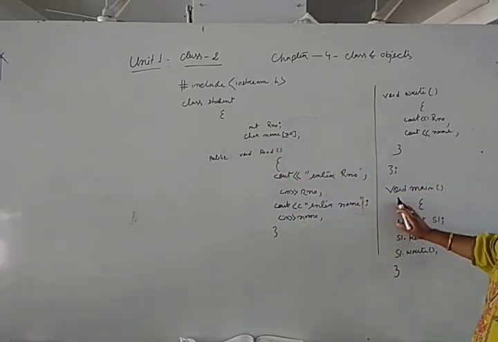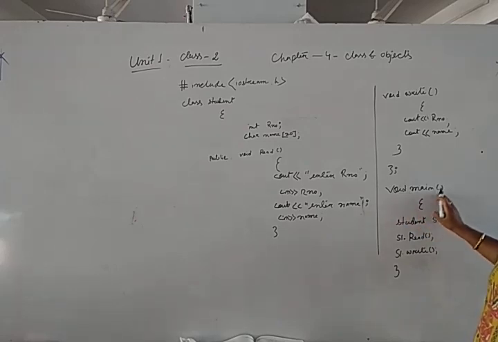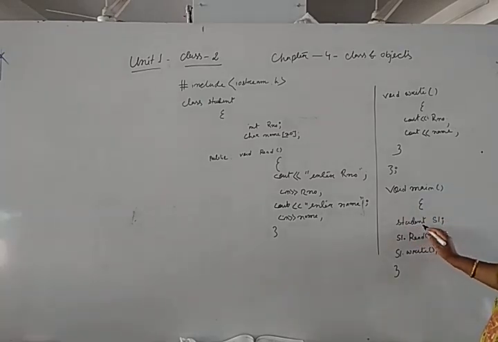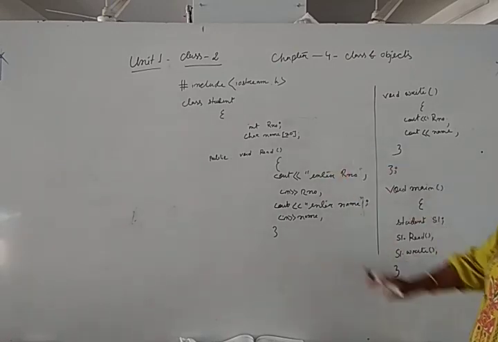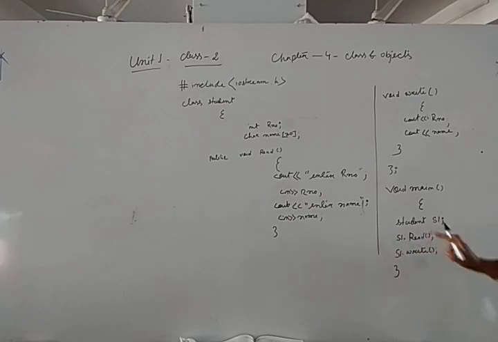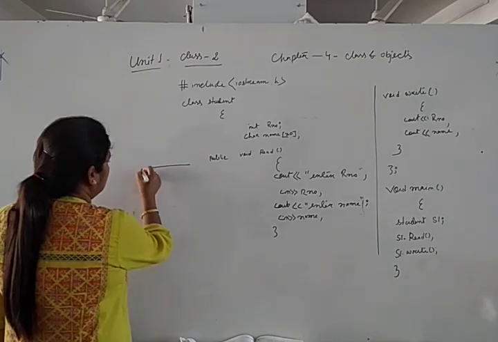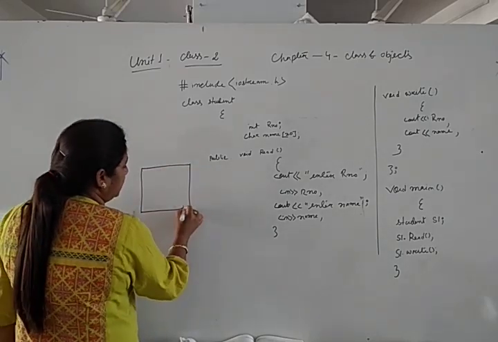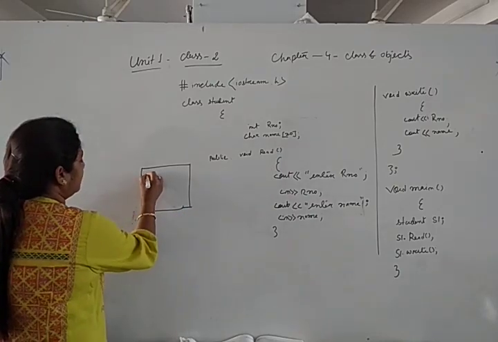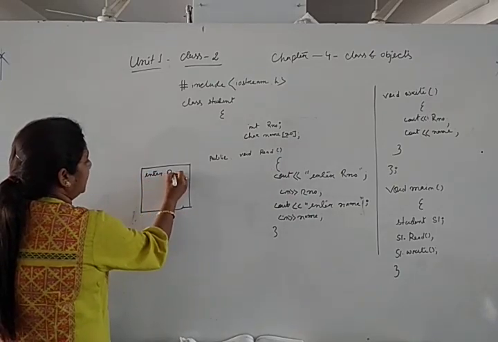Computer, always remember that program starts from the main function. The computer will notice that there is an object with the keyword student, so it will create an object of the class student, and when this object accesses the read function, then in the execution screen you will notice a message like enter roll number.